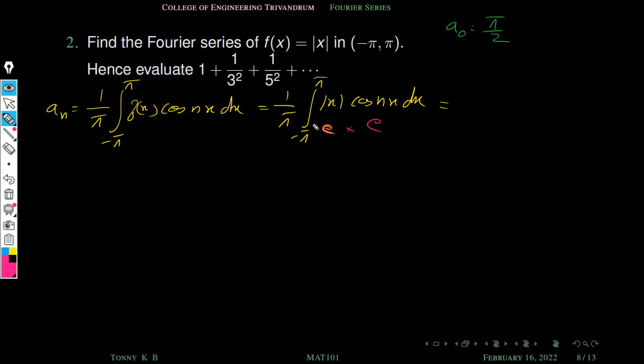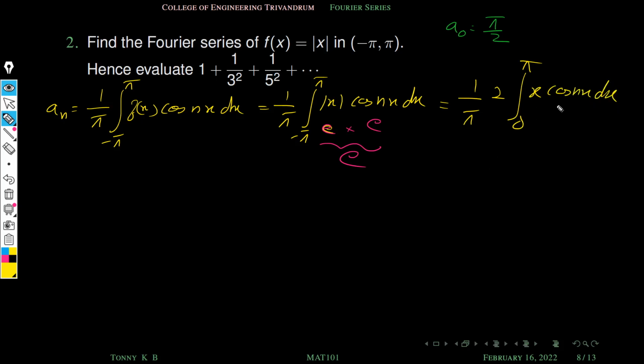So product of two even functions, that is again an even function. Okay, so this entire function is even. So we can write this integral as 1 by pi into 2 times 0 to pi mod x into cosine nx. Okay, in this interval, what about mod x? Here x is positive, so mod x is x itself. So x into cosine nx dx.